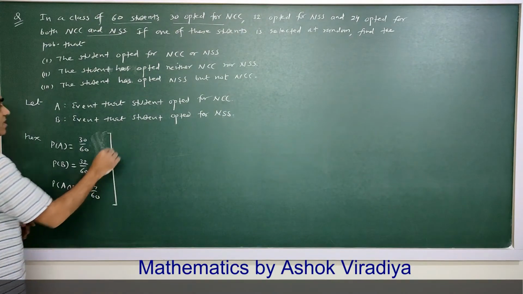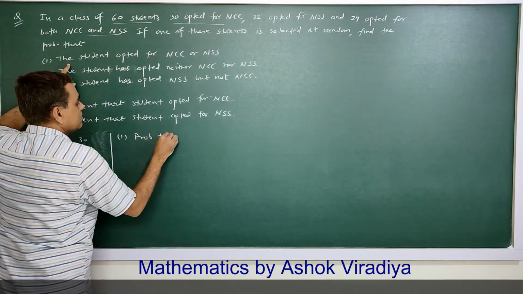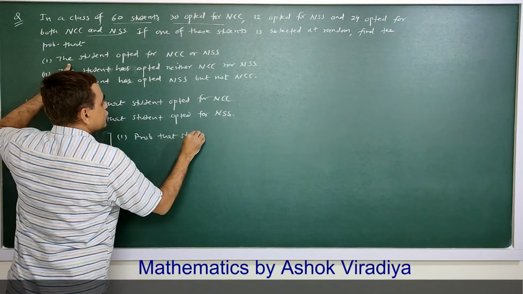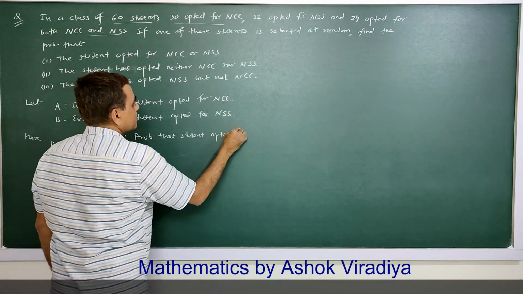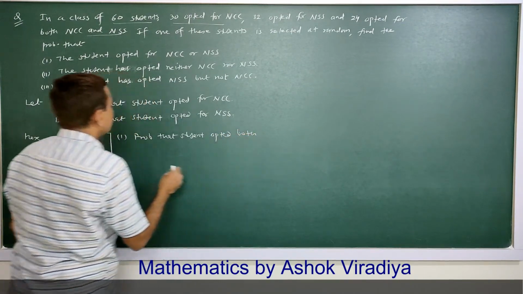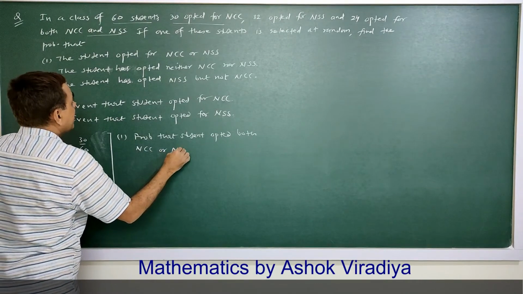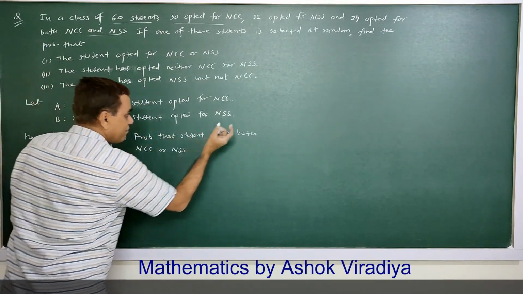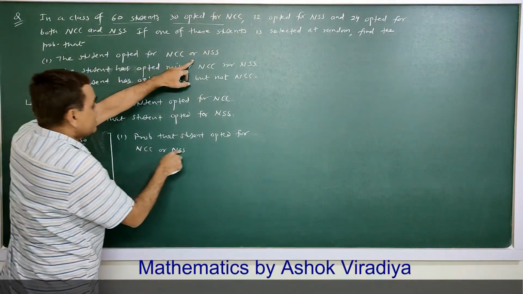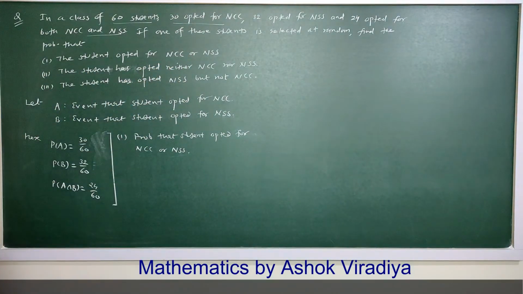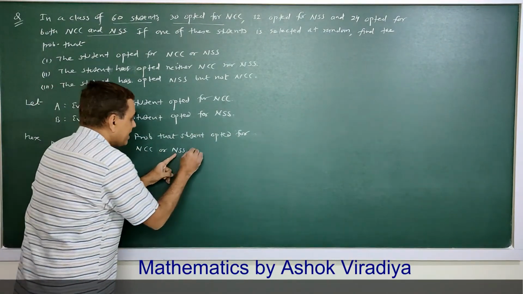Now the first question is the probability that the student opted for NCC or NSS.